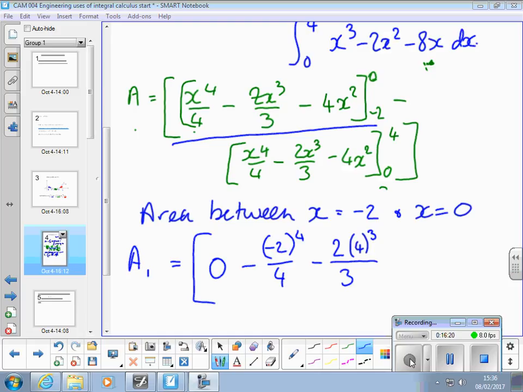Is that my poor writing? What I've done, isn't it? 2x 4 cubed over 3.